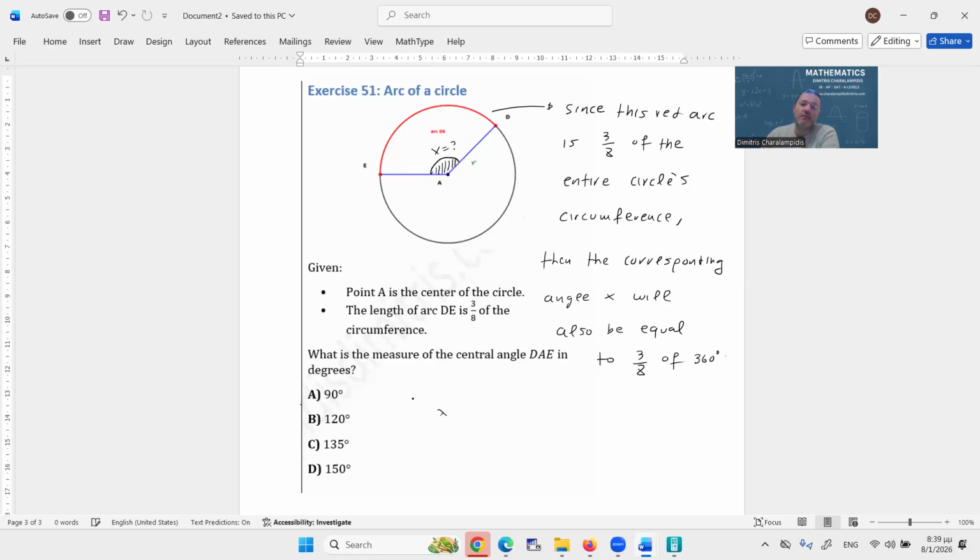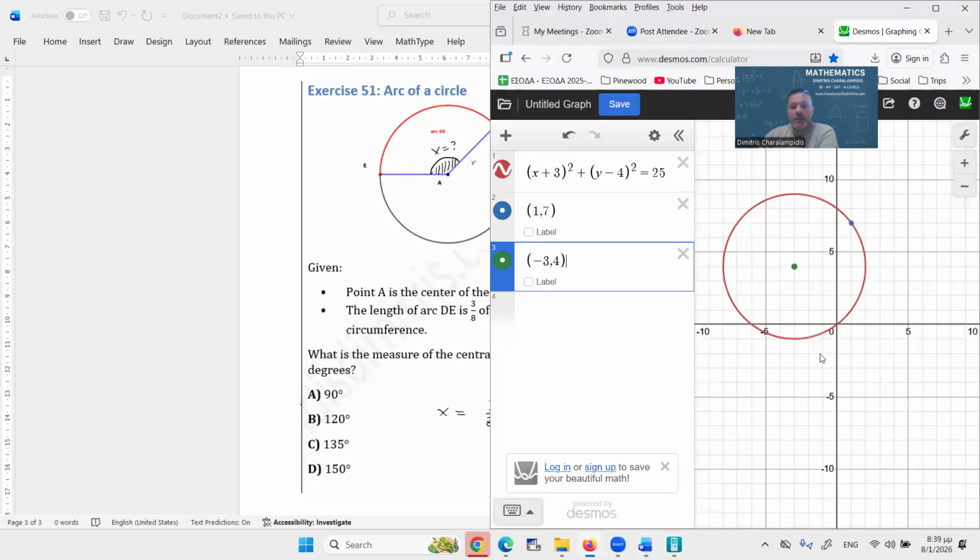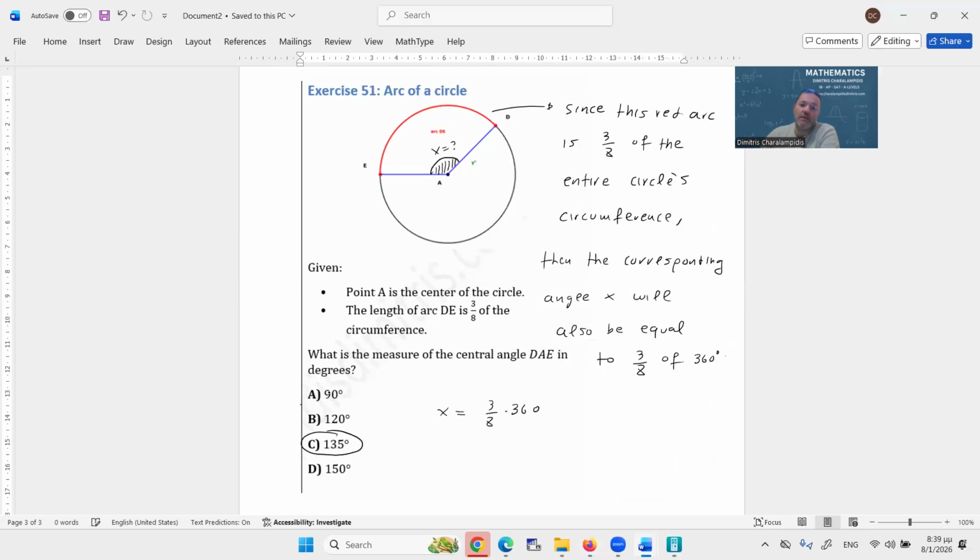So x is basically 3/8 of 360. If I use Desmos for that, so 3/8 times 360, the answer is 135. So in our case, it should be C.